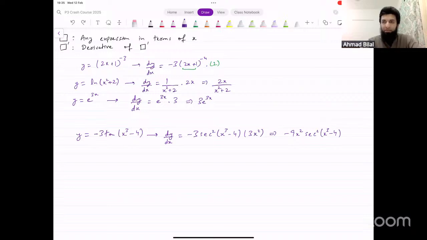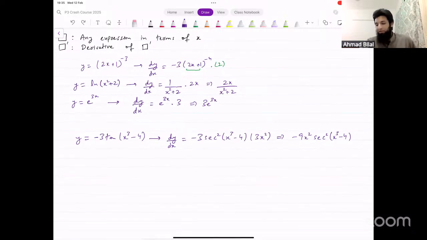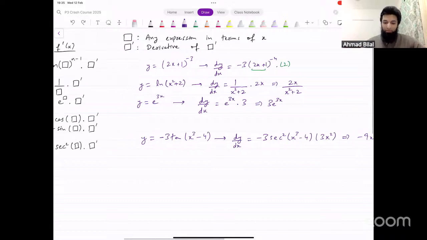I'll pause here for a few seconds to allow you to digest this. Let me know if there's any problem until this point. Are these rules clear to everyone? Any problems? Okay, good.